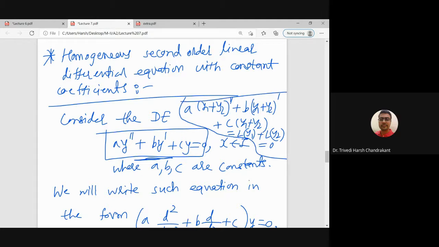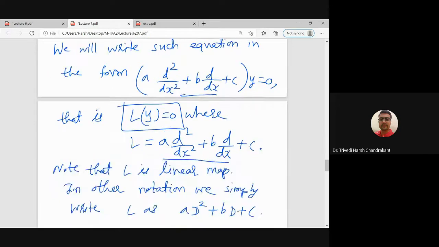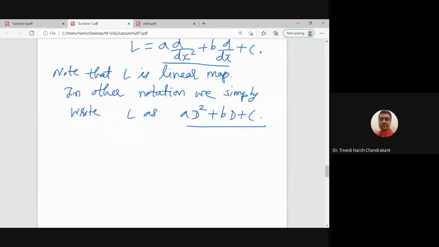Right? So the important thing here is that the equation should be homogeneous. If this is not homogeneous, then it is not a subspace of continuous functions, right? So the right hand side must be 0, then only we can say this. Yeah, L will always be a linear operator.